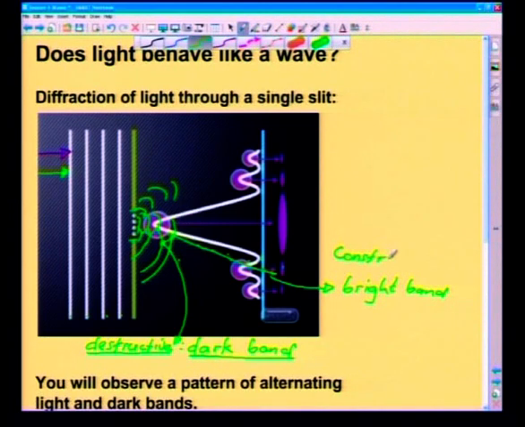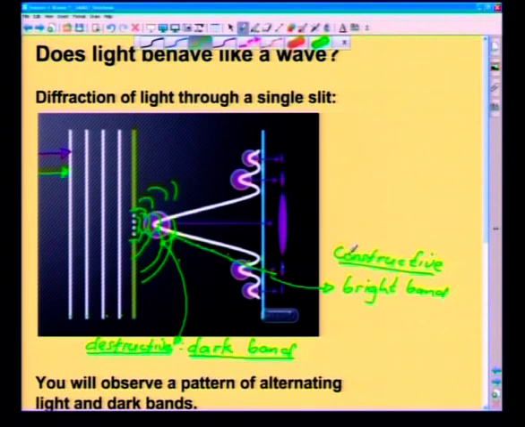Now we see this happening with light when we perform experiments. And because there is interference that results in constructive and destructive interferences, we can say that yes, light is displaying some wave nature here, because it's only a wave that can do this type of thing, interfering constructively or destructively.